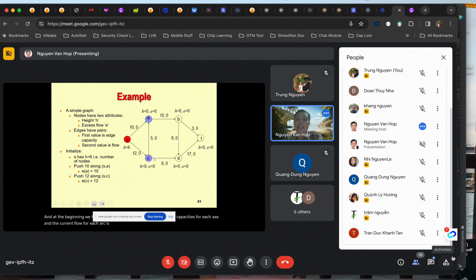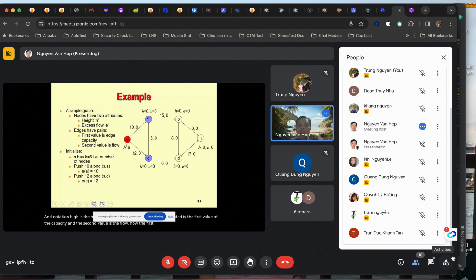The notation h is the height of the node, and the excess flow is e. For each arc, the first value is the capacity and the second value is the flow.